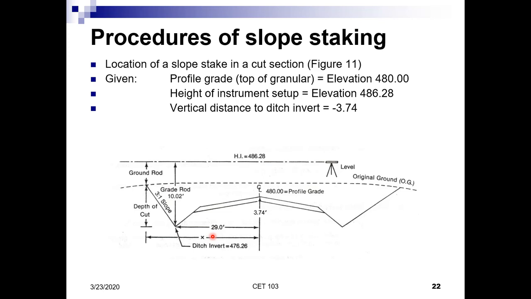Now, if I take that 4.02 feet and multiply it times 3, why would I multiply it times 3? Because the slope is 3 to 1. Remember, for every 1 foot of vertical cut, there are 3 feet of horizontal distance. So I take the 4.02, multiply it times 3, which gives us 12.06.